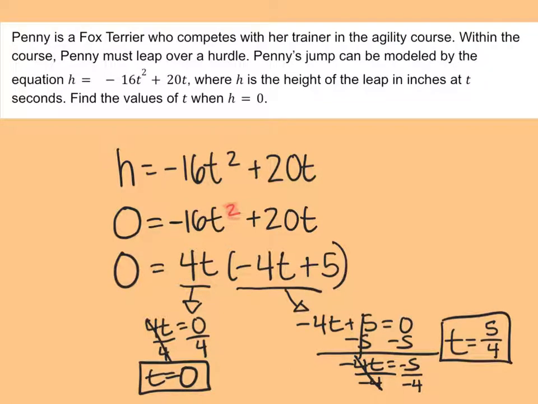In this last step, since I have a negative divided by a negative, it would just be a positive, and it doesn't completely divide, so it stays as a fraction.